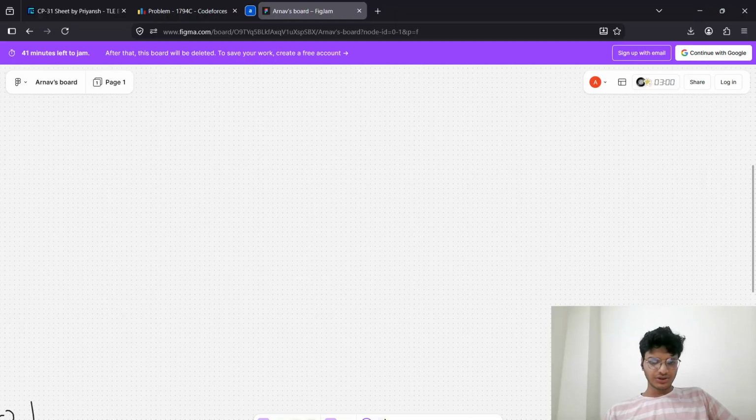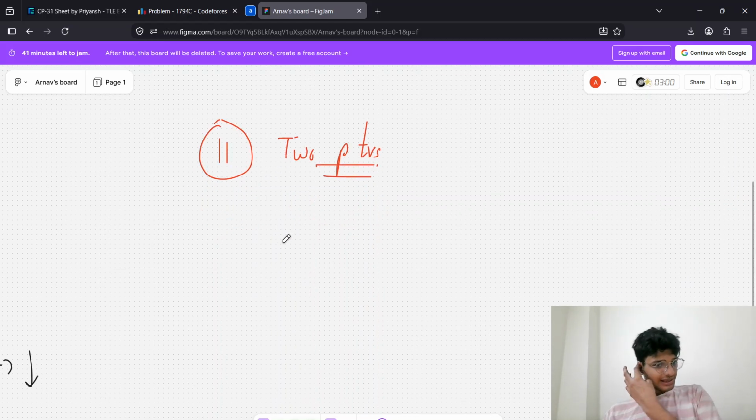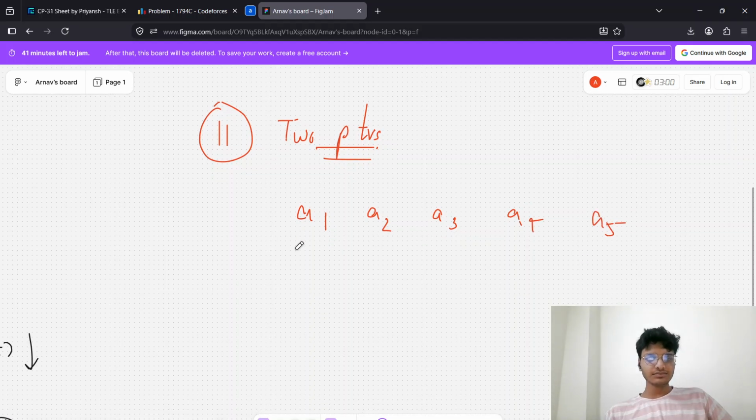Now we will move to the second approach that I have used. The second approach is two pointers. So two pointers is like, let us say there is an array A1, A2, A3, A4, A5, and here are some values.